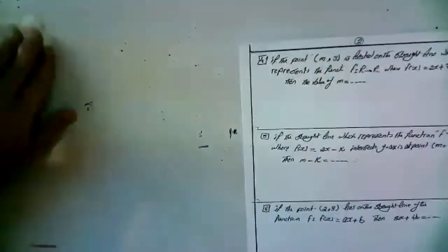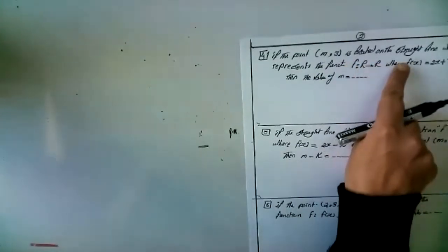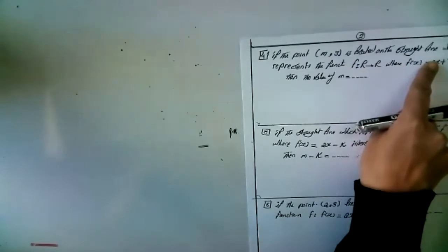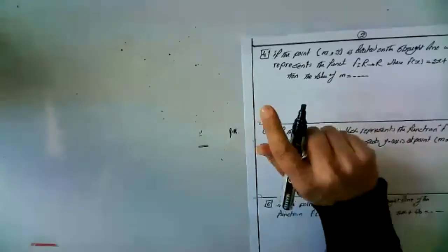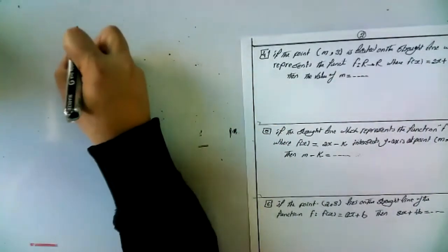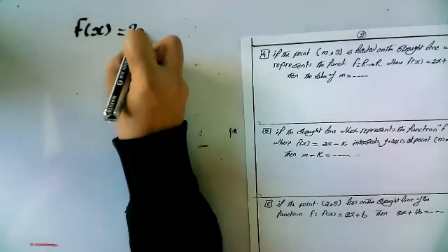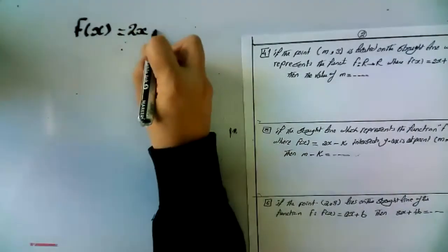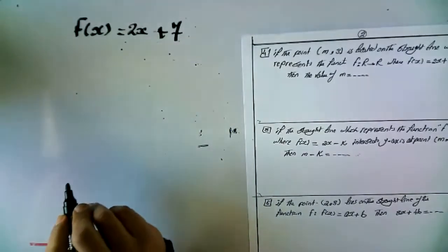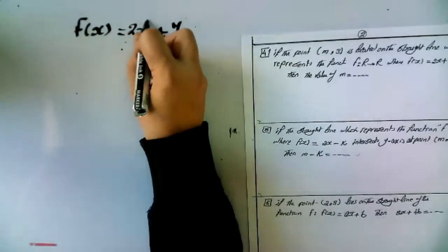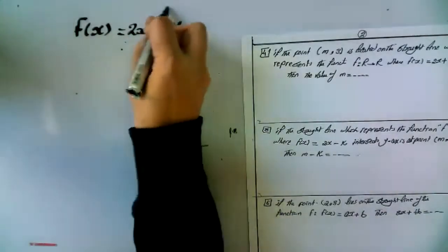If the point (m, 3) lies on the straight line which represents the function f of x equals 2x plus 7. This function is a linear function, or first degree function, because x is of the first degree.